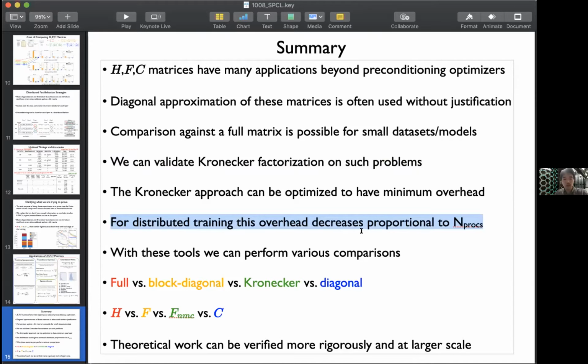If you're only using one GPU, second order methods are very expensive. But if you're doing distributed, it's not very expensive. That's what we were able to prove. Also, with these tools, we can perform various comparisons, of which I've shown just one example in today's talk, and which can be used to validate theoretical work where a lot of these Hessians and Fisher matrices appear.